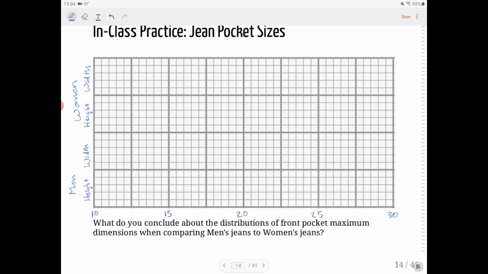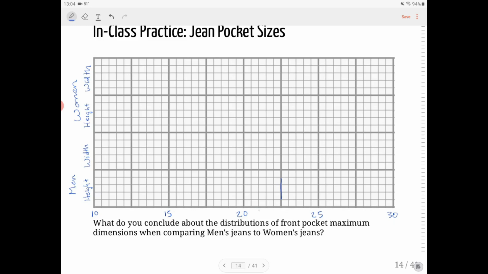So what we have is our median at 22.5. All right. So let's make our median there. We've got the lower quartile at 21.5.